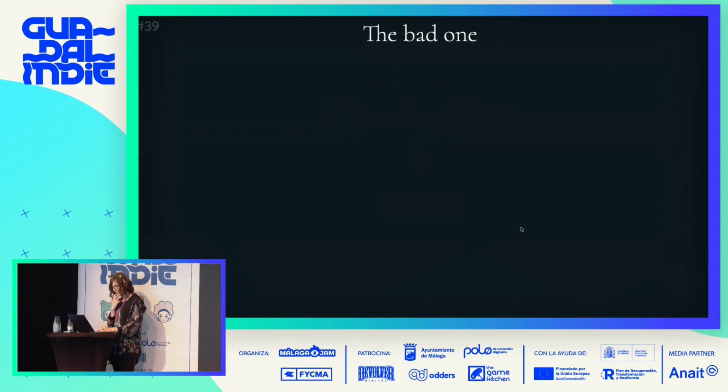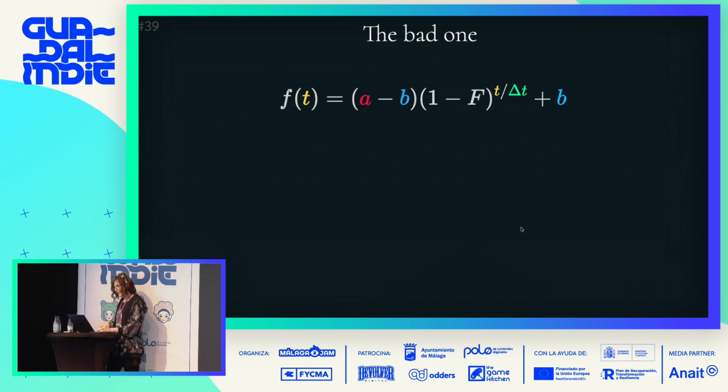And so this is where it gets a little bit tricky, but we can start by looking at the bad one, the one that is frame rate dependent. So if you consider what we're really doing when we use this in code, is that a is really the previous frame's value. And the time that we're going to use is 1 frame into the future.